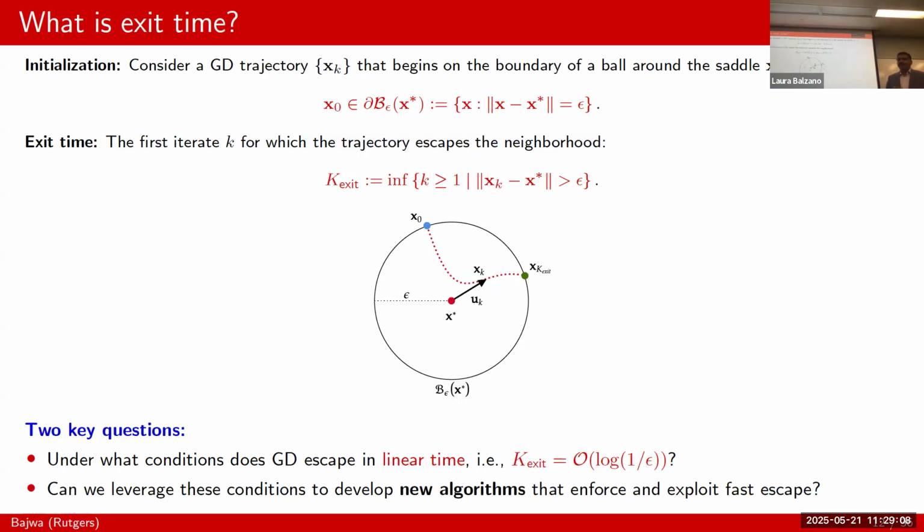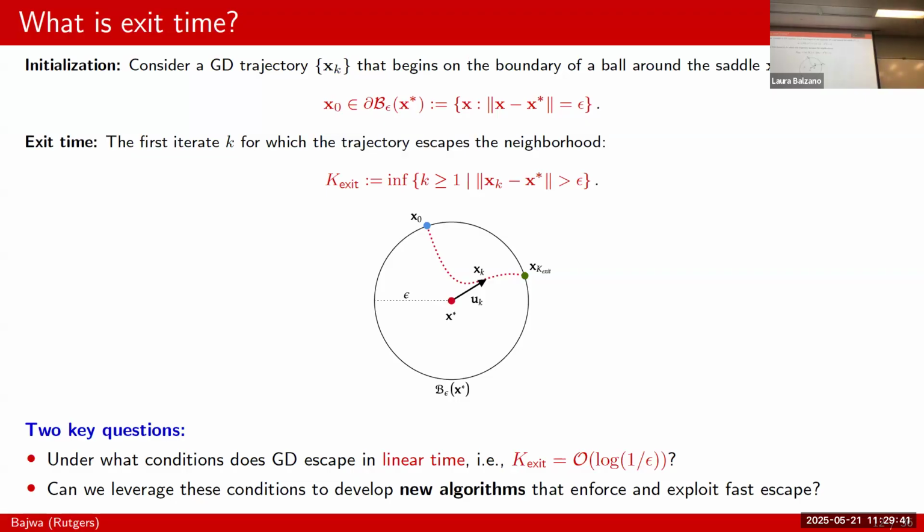It's a slight abuse, but with linear convergence, every time you are reducing the error by a constant factor. Here we are saying you are getting away by a constant factor. So we say we want to escape in linear time, which means the time it takes is only logarithmic in epsilon inverse. If you are there, it takes only log of epsilon inverse to leave this ball. We call this linear escape time or linear exit time.